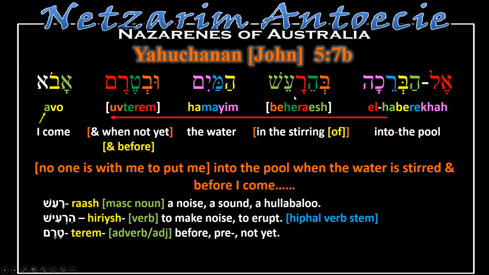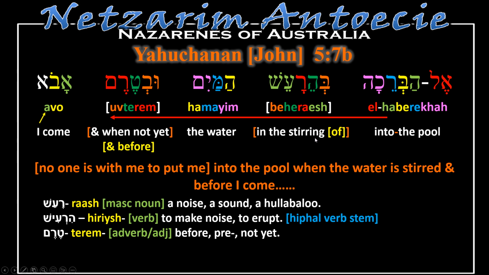Behera'esh. In the stirring of. I've added "of" there. If we look down here, we've got ra'ash as a masculine noun means a noise, a sound, a hullabaloo. And then we have hirish, which is a verb to make a noise, to erupt. It's like a hifil verb stem.